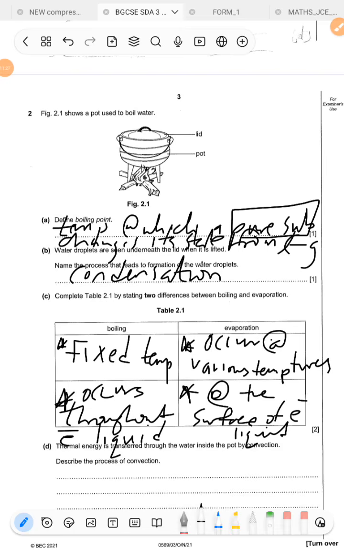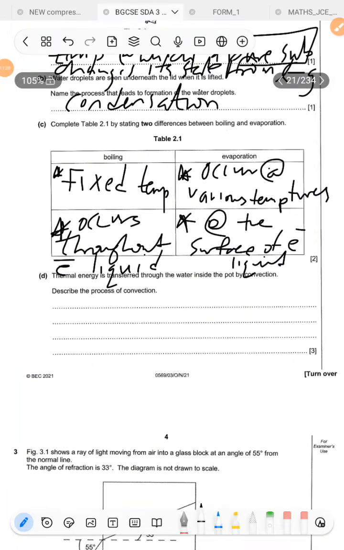It's very important whenever you're describing these processes, what's very important is the keywords. Keywords are very important because most of the marking is based on the keywords, not your ability to construct sentences. The use of keywords.